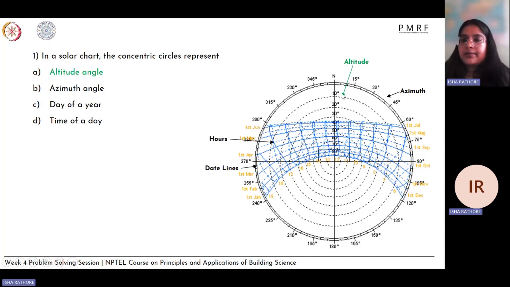If the azimuth angle is 45 and the altitude is 30, you join the azimuth line to the center, and wherever the 30 altitude angle intersects, that is the position of the sun for that altitude and azimuth. This is how you determine the position of the sun in this stereographic projection, or the sun chart or solar chart. So to answer this question, the concentric circles are the altitude angle. So A is the correct answer.